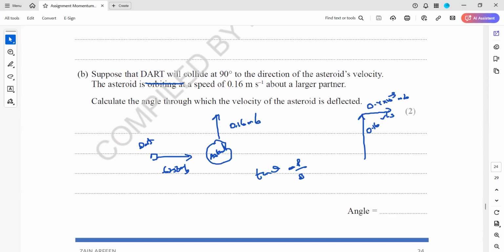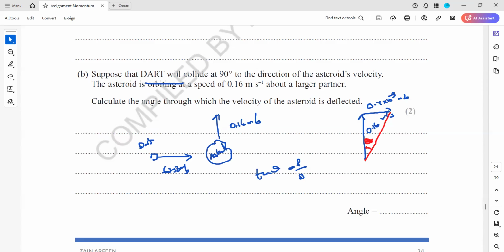We need theta, how much the velocity has changed from the original. So this theta is needed. How to draw the vector? It's the same idea. It's not about the vector of the momentum, it's just a simple vector diagram.